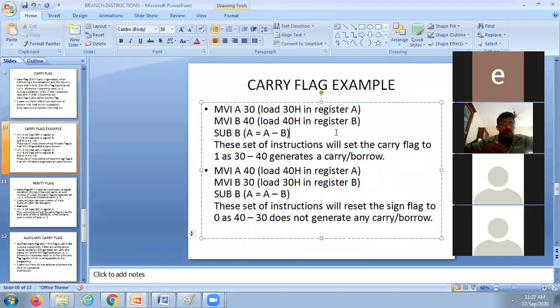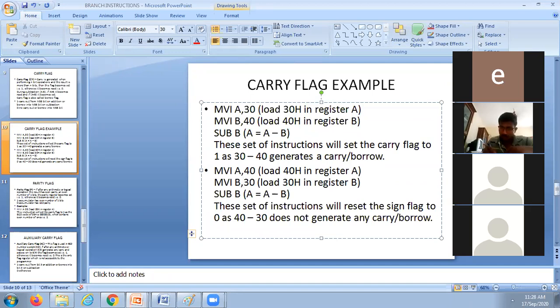This is an example. All of you take this example for better understanding. This is an 8086 program. Here you note down, A is 30 and B is 40.